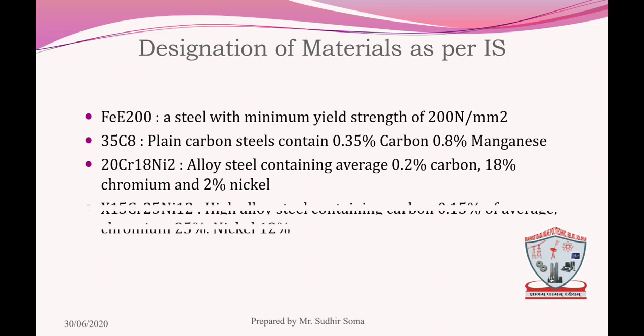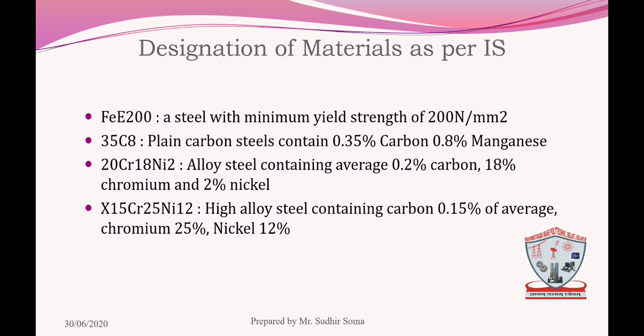Some of the examples are FE 200, which means a steel with minimum yield strength of 200 Newton per mm square. The next you will see is 35C8, which means plain carbon steel containing 0.35% carbon and 0.8% manganese.